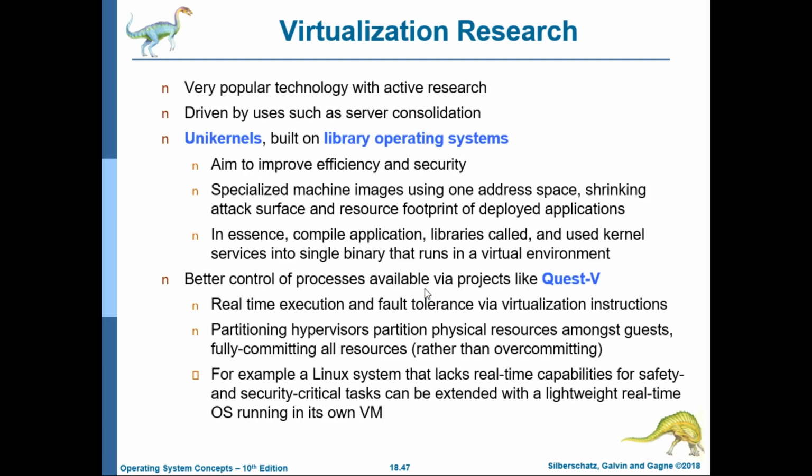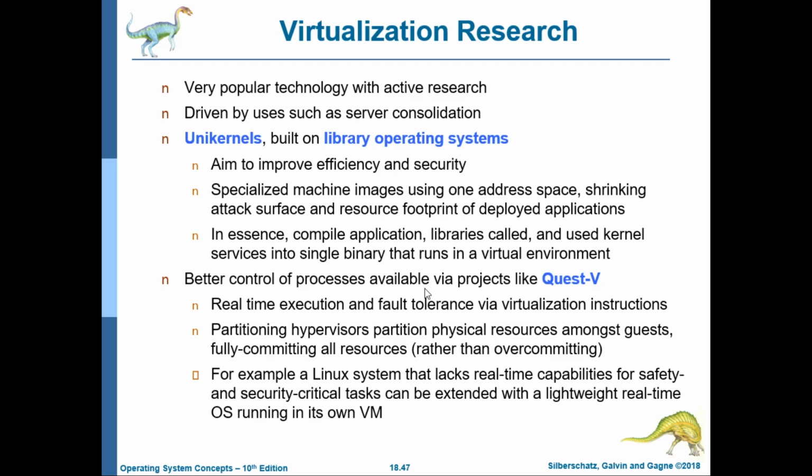Also, virtual machines are used for virtualization research. It is a very popular technology with active research driven by such uses as server consolidation. Unikernels are built on library operating systems. Unikernels are specialized machine images that contain both an operating system and applications for efficient execution and increased security. The library operating systems are the applications that run as unikernels containing both the kernel and the application code.